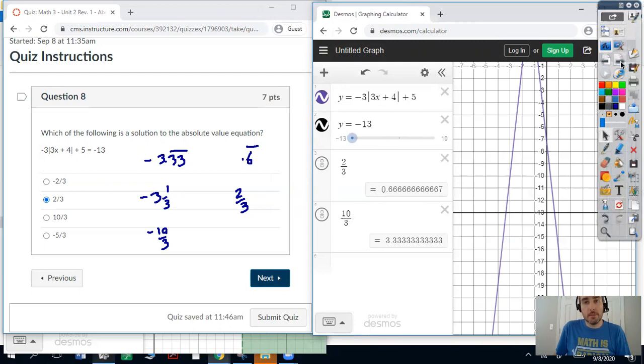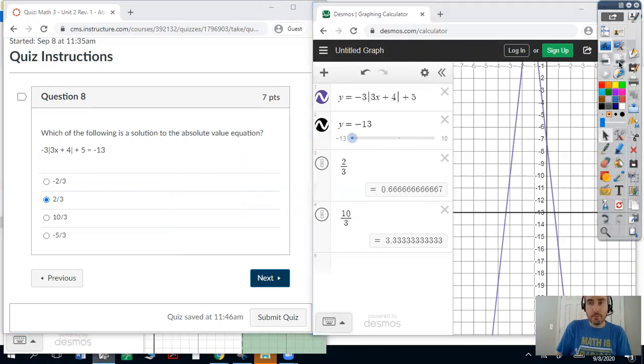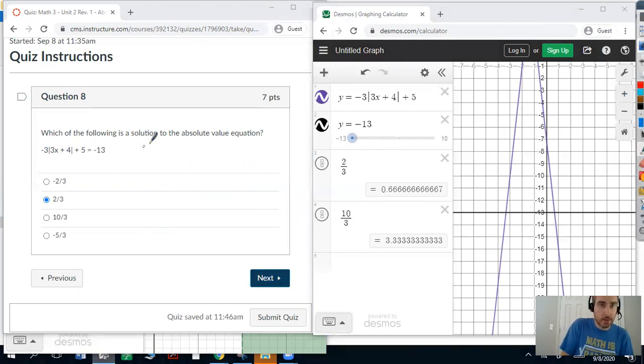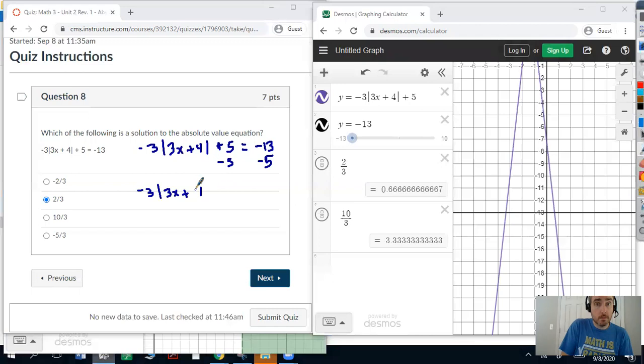Now let's solve that by hand. Very similar to the last problem, except you have an additional step, and you've got to get rid of this number out front. So we still want to subtract the 5. That's -18. We still want to divide by -3. 18 divided by 3 is 6, and negative divided by negative is positive.